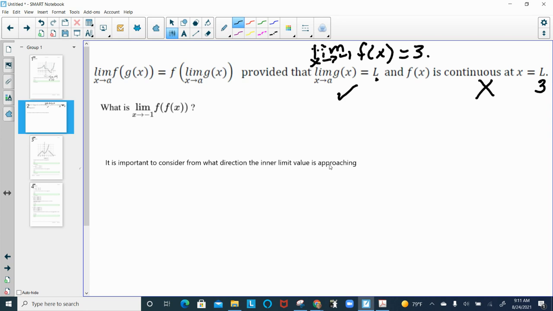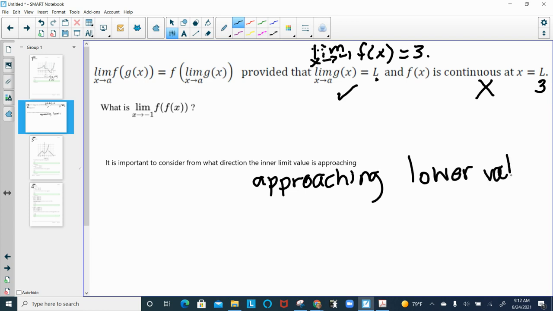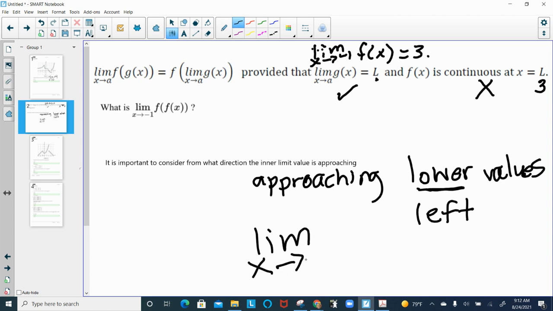And in our case, it was approaching from lower values, which means we can't just do f of 3, okay? We have to do, because it's lower, we have to take a left-hand limit. Now, if it was bigger values of 3, we would take a right-hand limit.